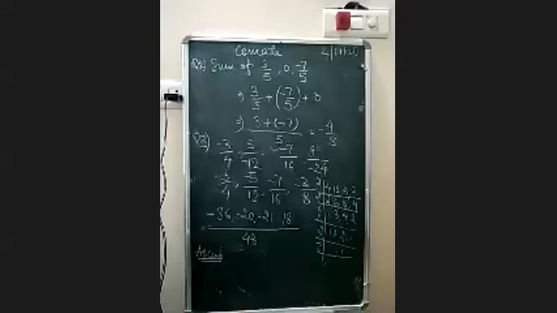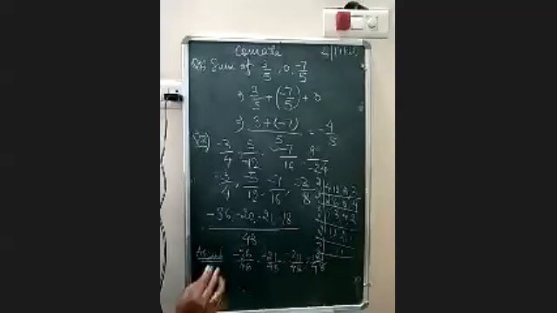So the smallest number we have is minus 36 upon 48. Then after that we have minus 21 upon 48. Then we will have minus 20 upon 48. And the last number would be minus 18 upon 48. Okay? Then we will solve it. We will write them in original order.